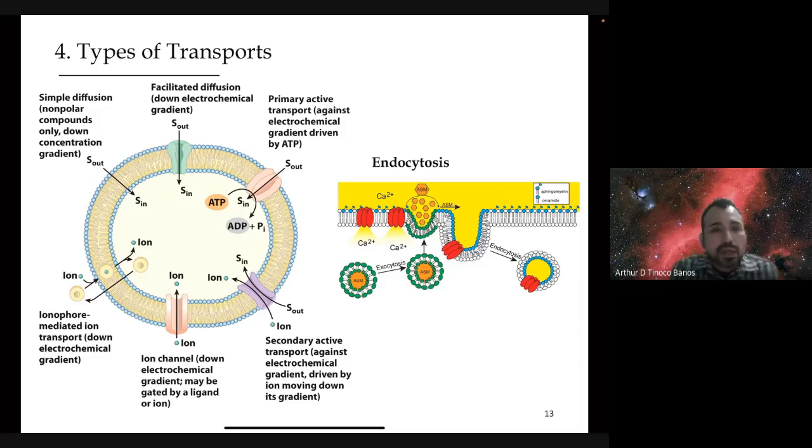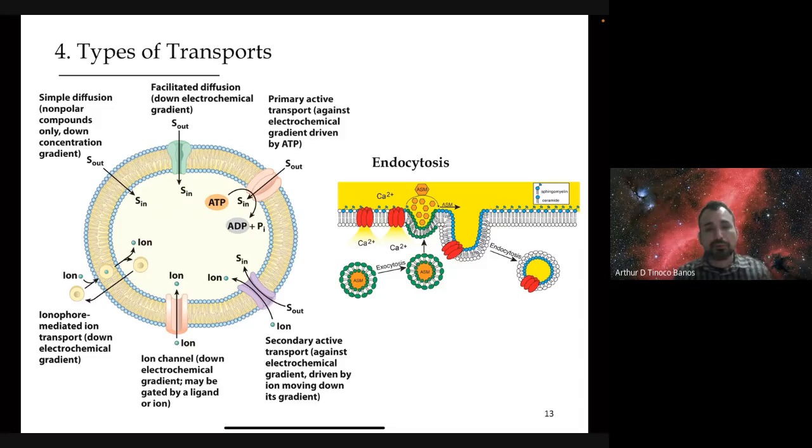So here is an overview of different types of transport. The simplest one is the diffusion process, the movement of a molecule simply through the membrane without needing any energy or any facilitation from an actual molecule. With simple diffusion, we're talking about nonpolar compounds only, moving down a concentration gradient, and we'll look at that in a moment.